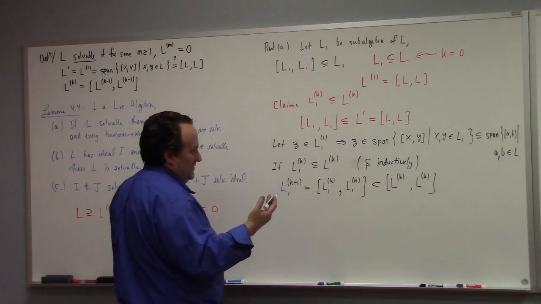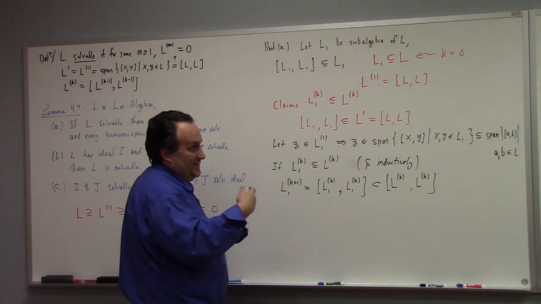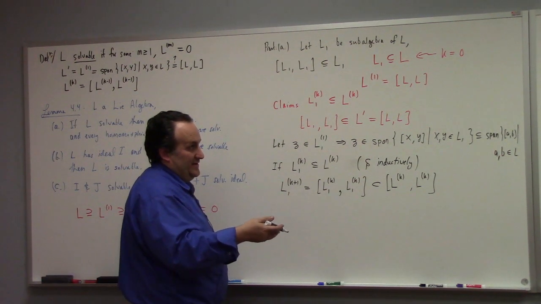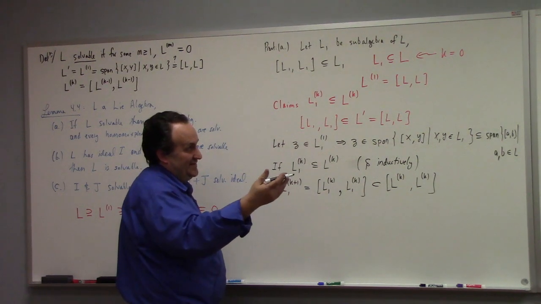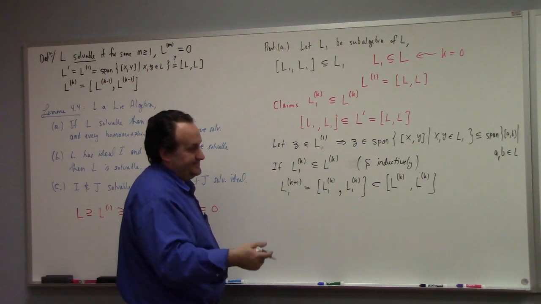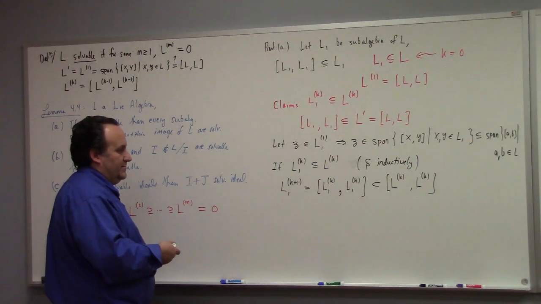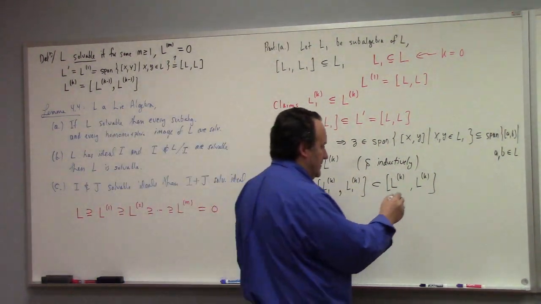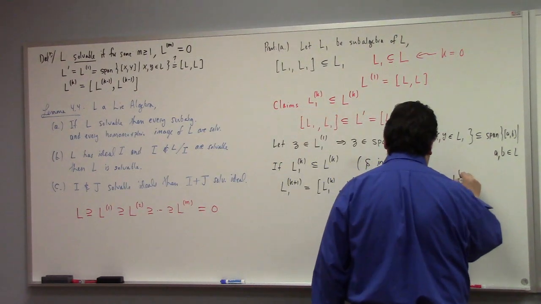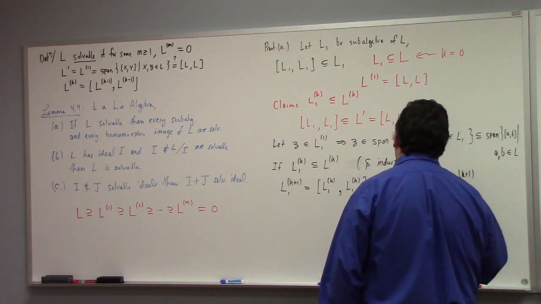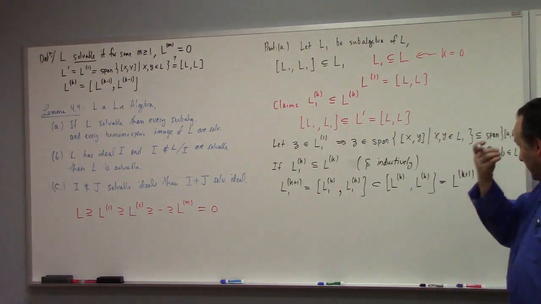Which is, if you look at the span of a subset, then it's a subset of the span of a superset of that subset. And of course this is equal to LK plus 1. And so there we go, proof by induction. All right.